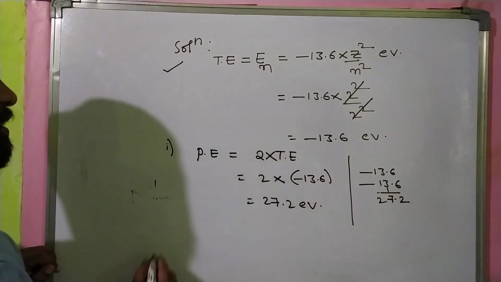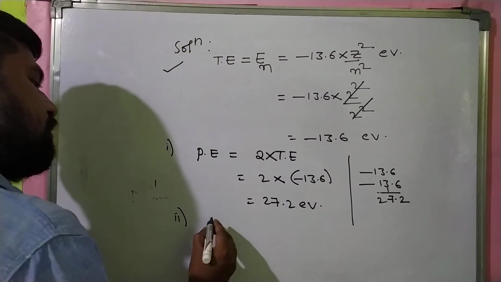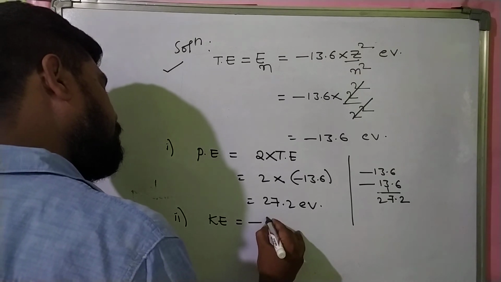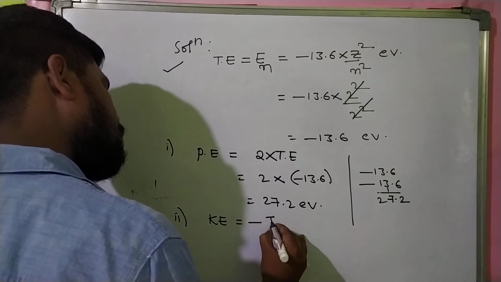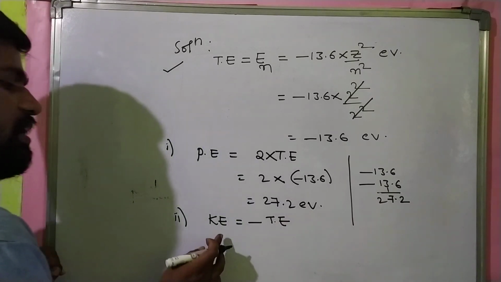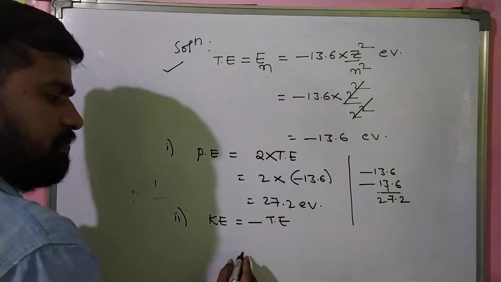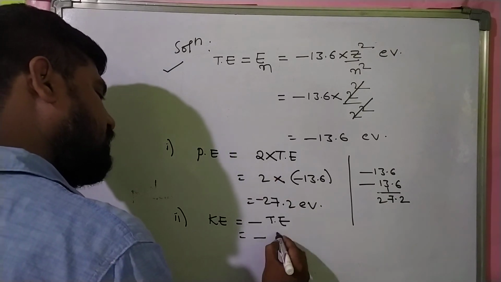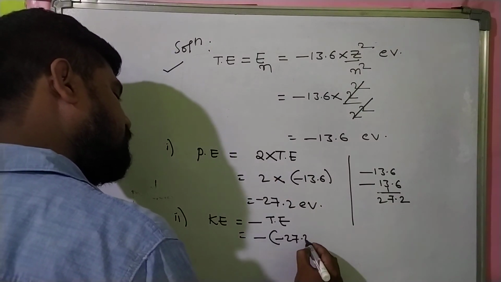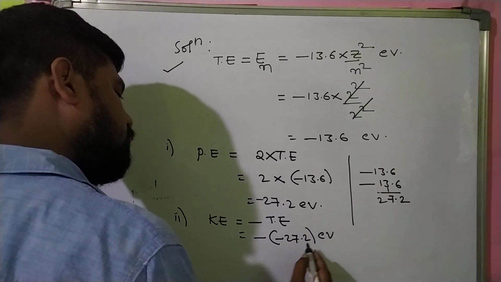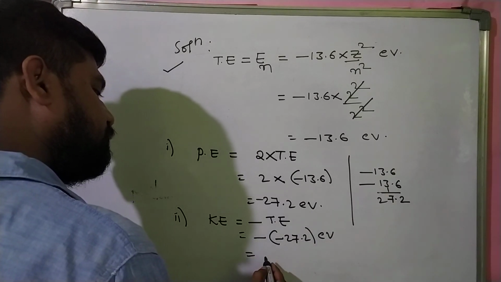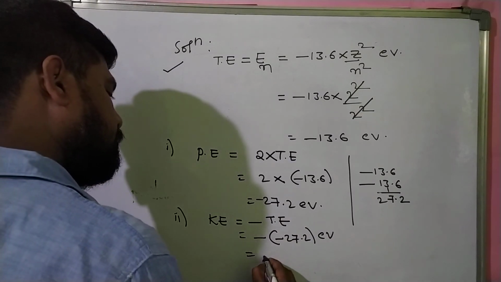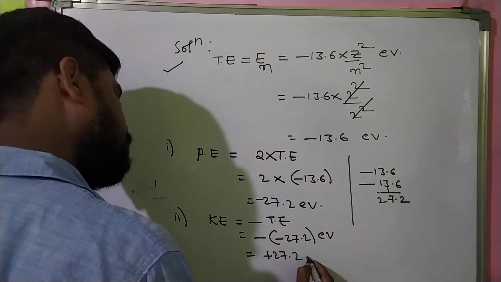So it is completed. And now kinetic energy. Kinetic energy equal to minus total energy. So this is a negative. Now minus of minus 27.2 electron volts, so that equal to plus 27.2 electron volts.